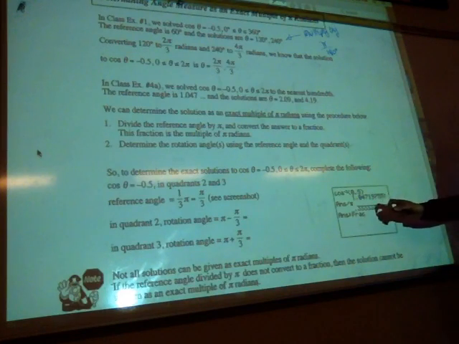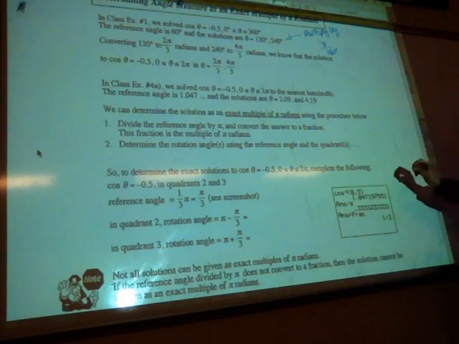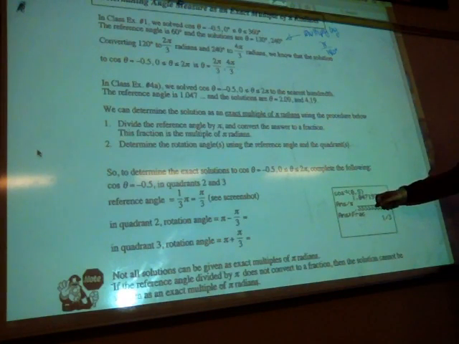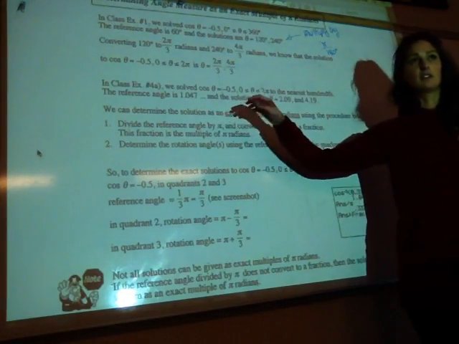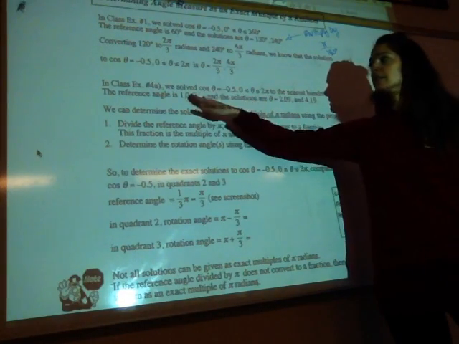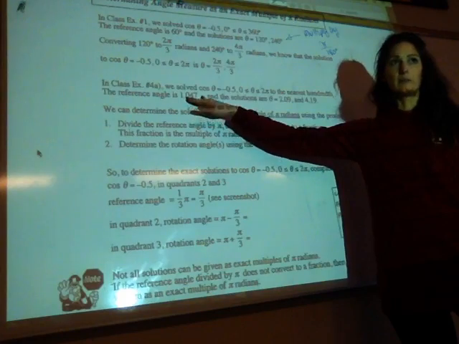When you have 1.047, is that like saying that with a pi behind it? That's with pi in it. Pi is a factor within that number. So the reference angle, if we go second cosine 0.5 from here, is your reference angle with pi in it.